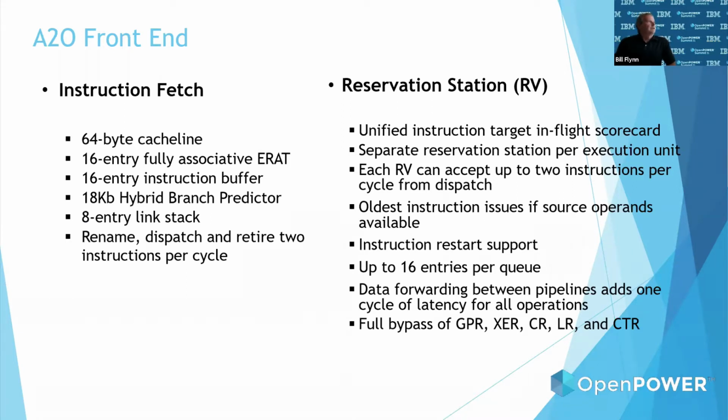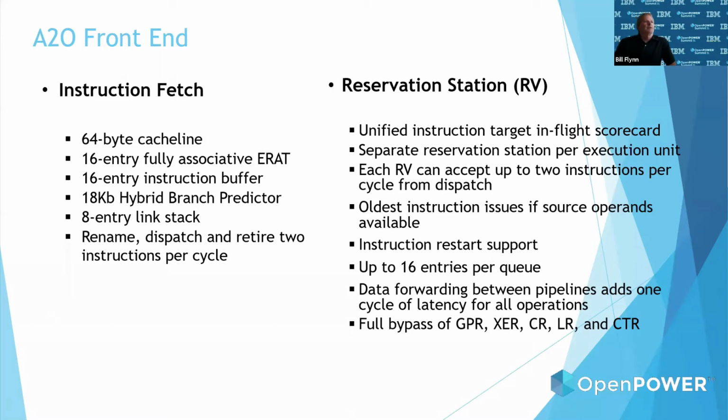It's local. 16-entry instruction buffer, 18K bit hybrid branch prediction, 8-entry link stack, and rename, dispatch, and retire 2 instructions per cycle. And the reservation stations had a unified scorecard, a separate reservation station per execution unit, and each reservation station can accept up to 2 instructions per cycle.